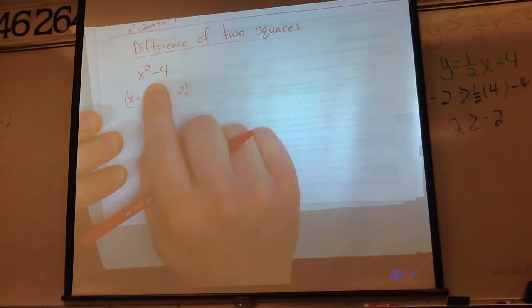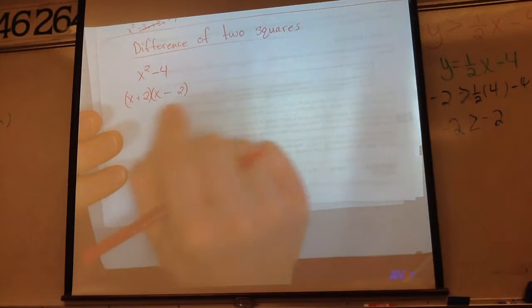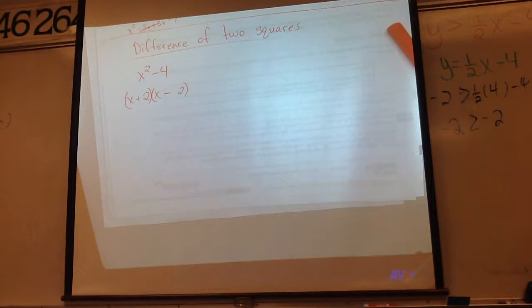But from now on, whenever you see a square and then a square, you guys know the square numbers? What's the smallest one? 1. 1 times 1 is 1. And then 2 is not a square number. 4. And then 9.